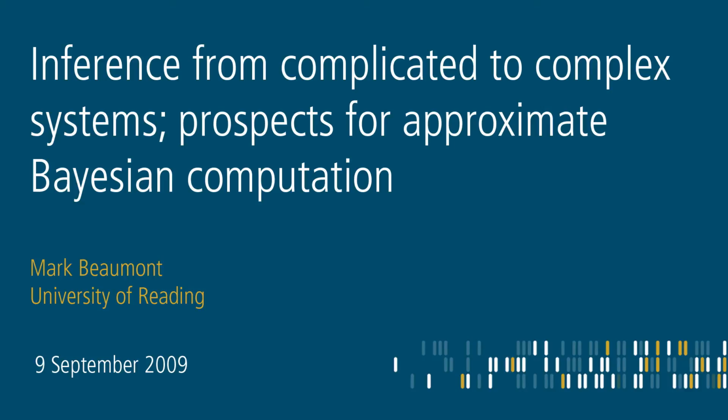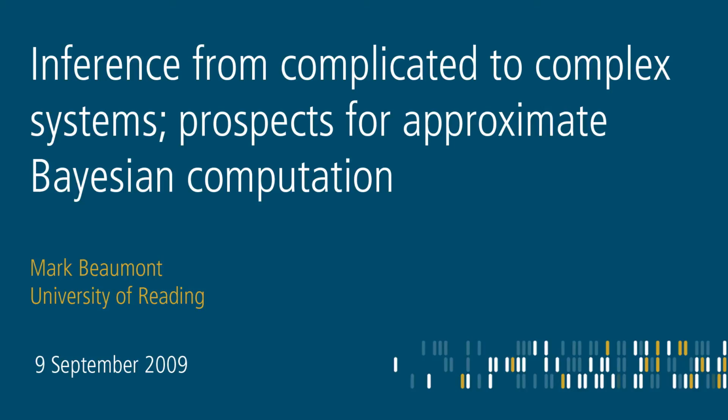Again, I'm not going to go into that in any great detail, but this bias has been recognized in a recent correction by Sisson et al. and is discussed in some detail in this paper with Christian Robert, Jean-Marie Cornuet and Jean-Michel Marin in Biometrika.